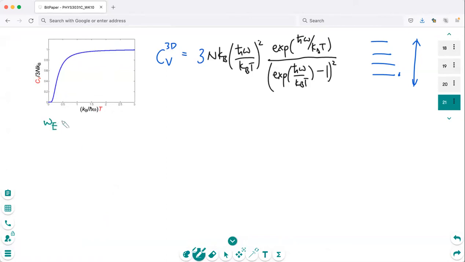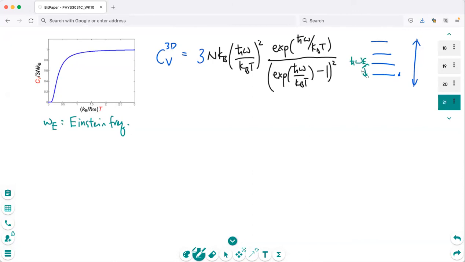So this is called the Einstein frequency. Okay, so h bar times this frequency is an energy scale. So h bar omega will be somewhere here, right? This is your h bar omega E.